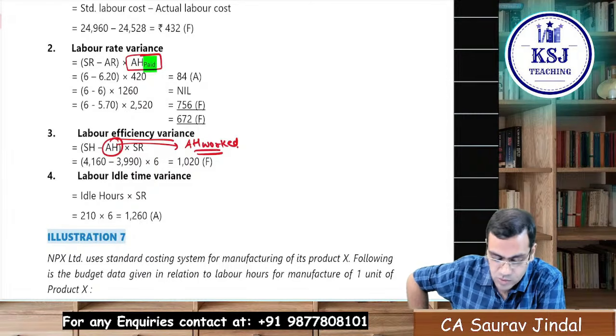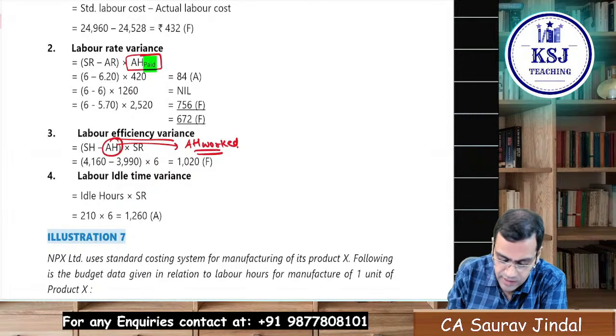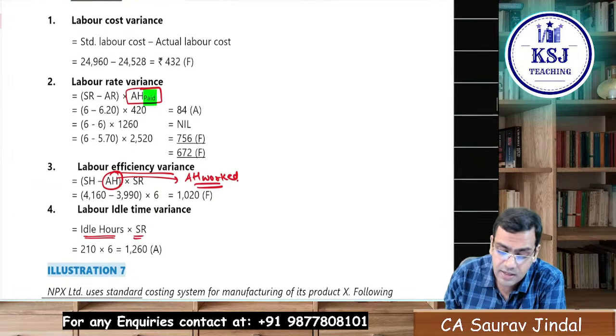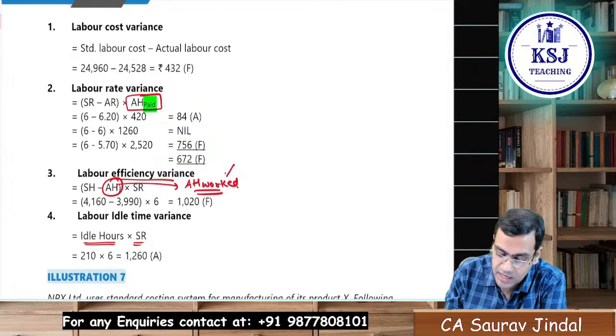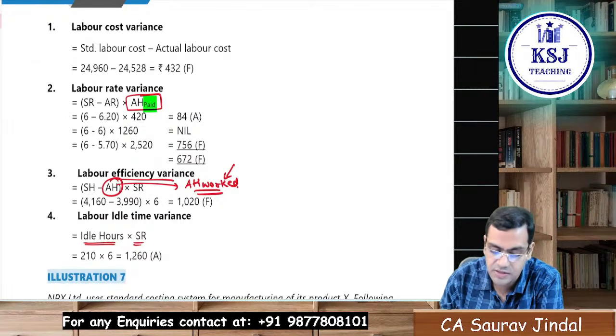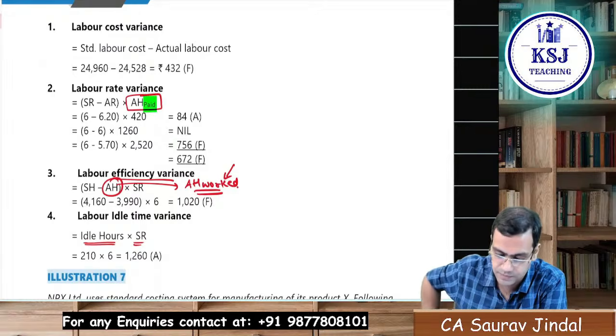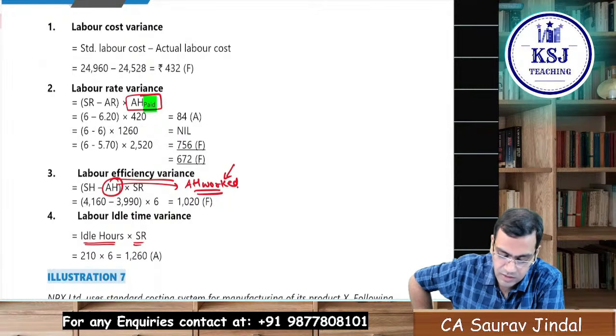But in this case, what will happen? Labor idle time variance, you can calculate as idle hours into standard rate. If you calculate this with the hours worked, then the rate variance plus efficiency variance and the cost variance total will not match. Anyhow, it will not match.